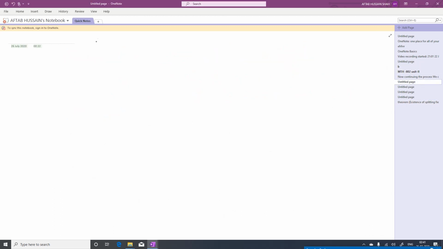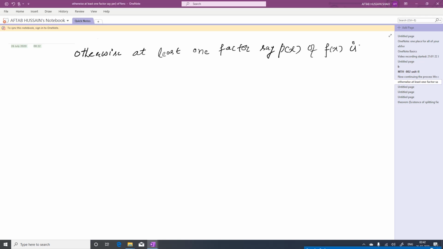Otherwise, at least one factor, say p(x) of f(x), is of degree at least 2.